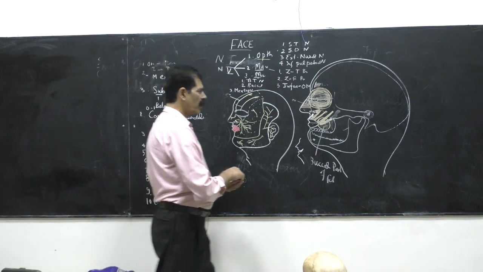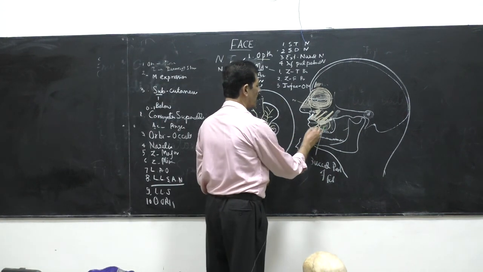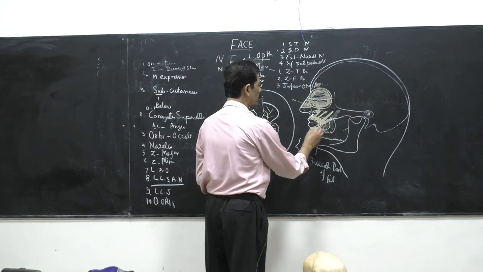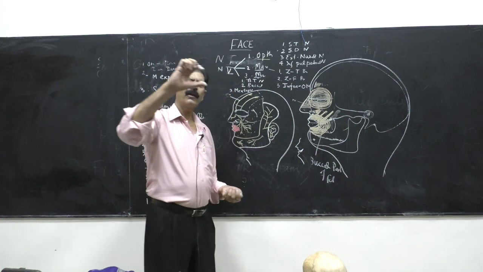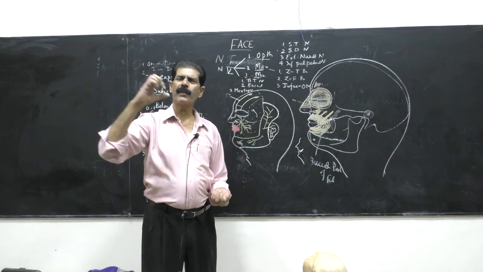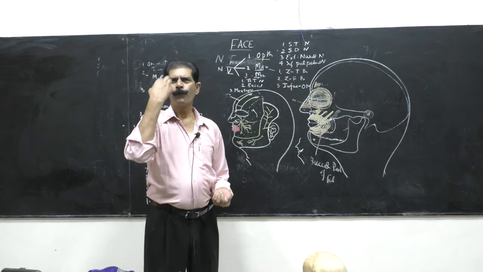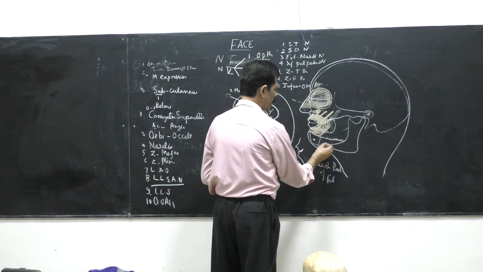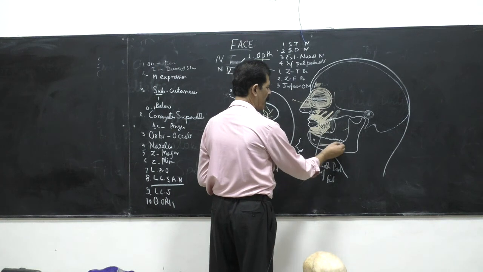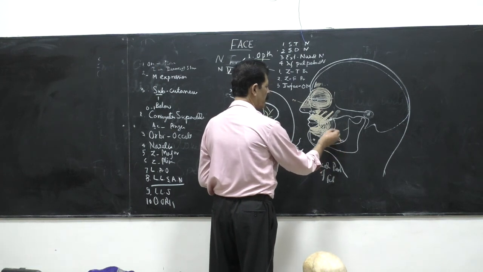Like the oculi, it is also a circular muscle, around the mouth. When it contracts, what will happen? Closure of the mouth.